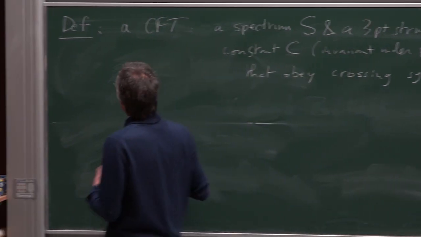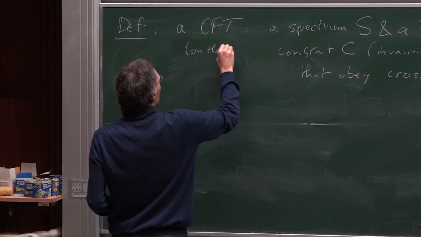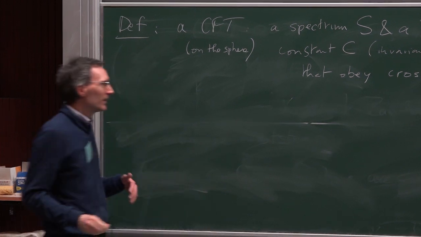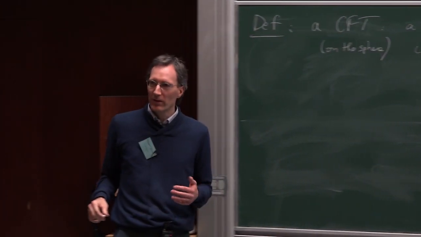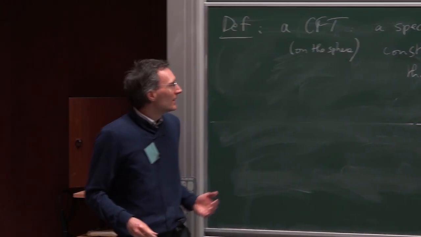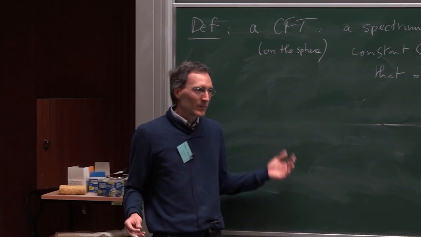Well, that would be the definition of a conformal field theory on the sphere. If we want conformal field theory on higher genus Riemann surfaces, we'll have extra constraints, and we'll talk about them later. So that's the conformal field theory in the conformal bootstrap approach.